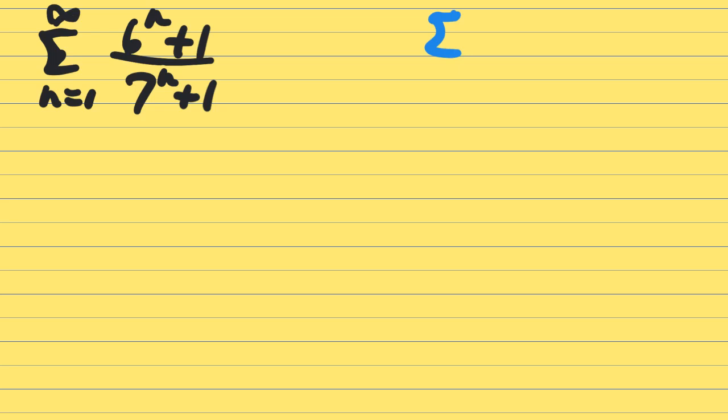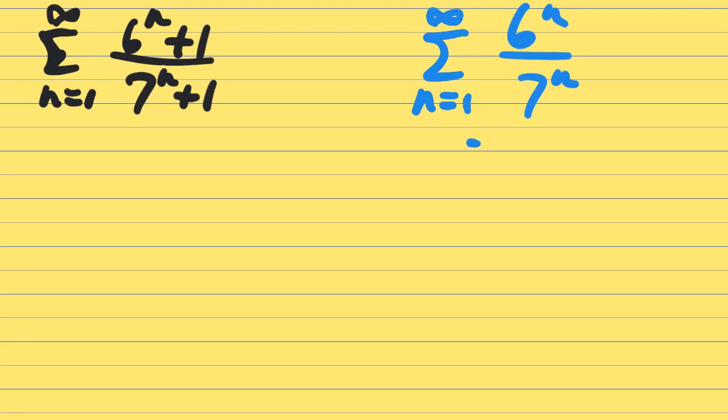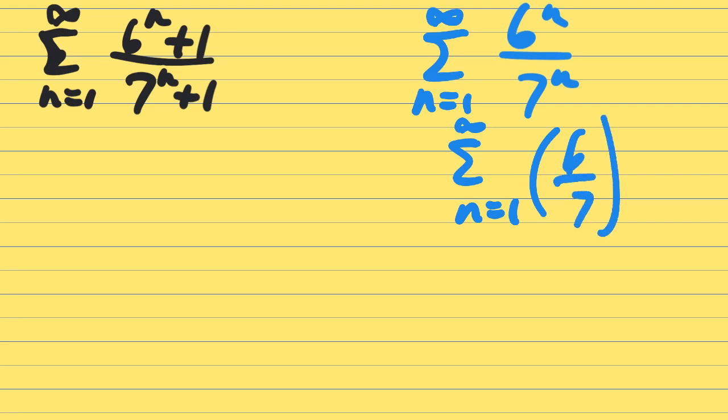Main thing is just building a very comparable one. 6 to the n over 7 to the n, which can be rewritten as 6/7 to the n.